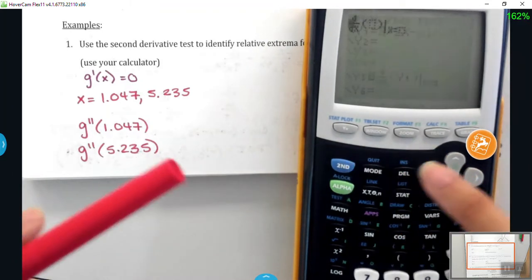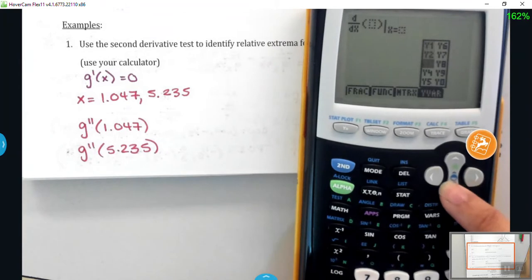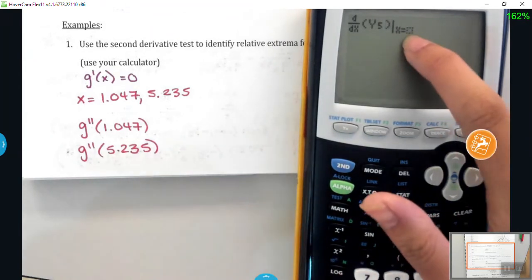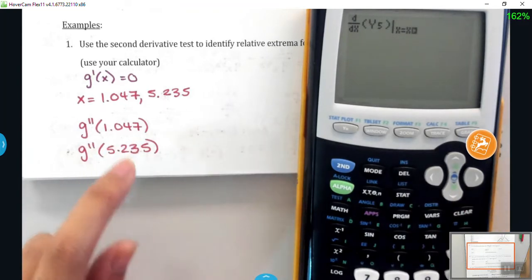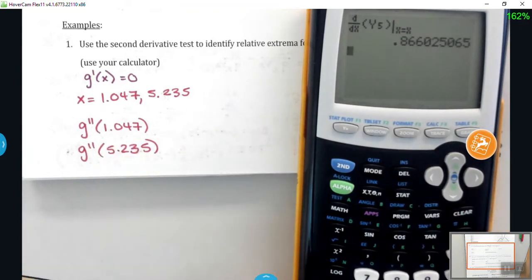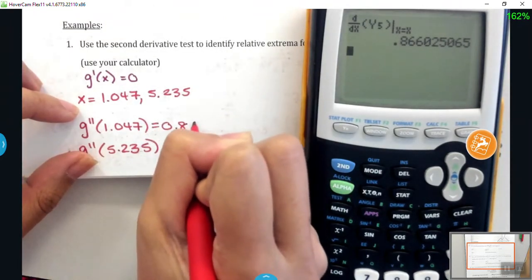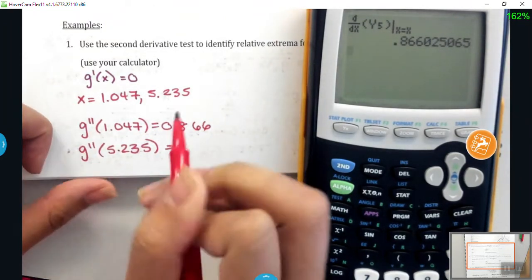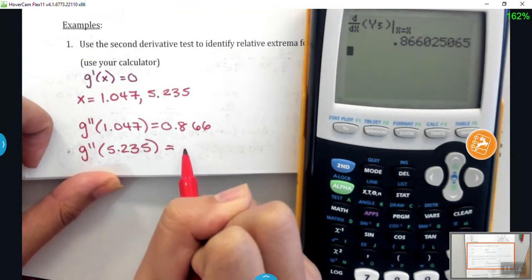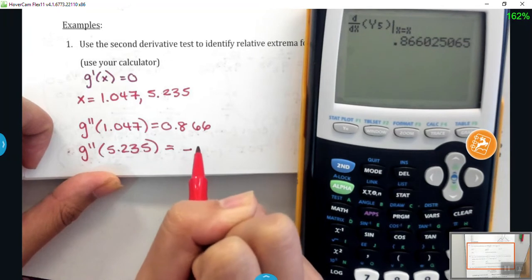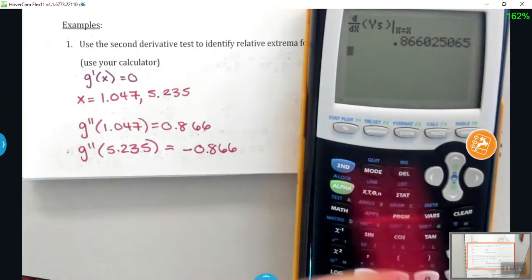Oh, y5. Okay, yeah. So let's get y5. And then mine is x equals x2, because that number's in there. And you get me your number. What's your number? Negative. You got 0.866? Okay, cool.